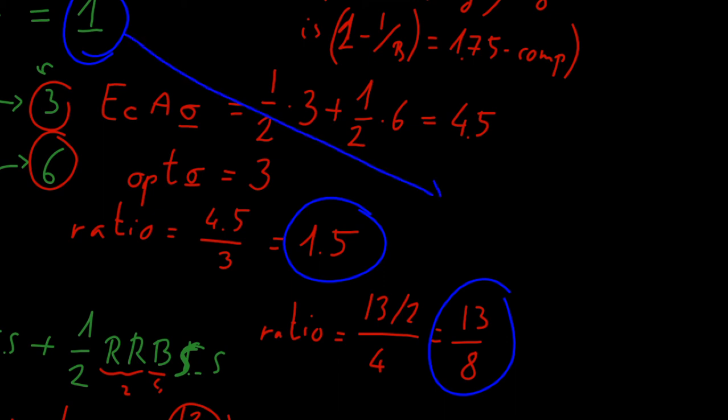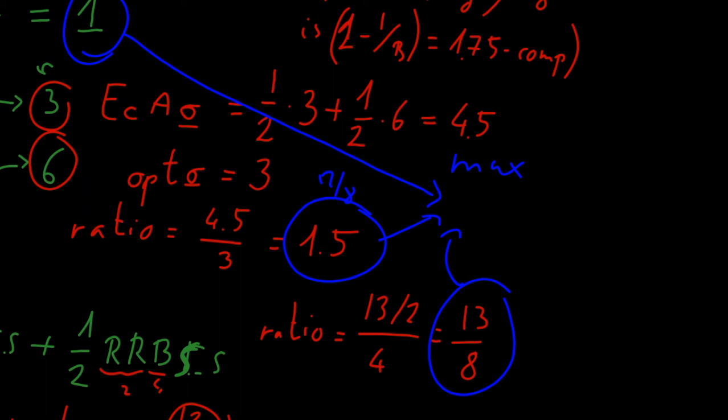I just have to take the maximum of these values in order to get the competitive ratio, because each of these ratios is smaller than or equal to the maximum. So the maximum is 13 over 8, which is larger than 1.5, because 1.5 is just 12 over 8. I'm pretty sure of that. So it's 13 over 8.